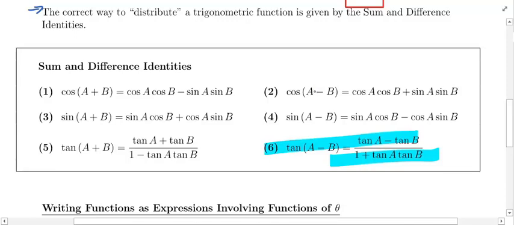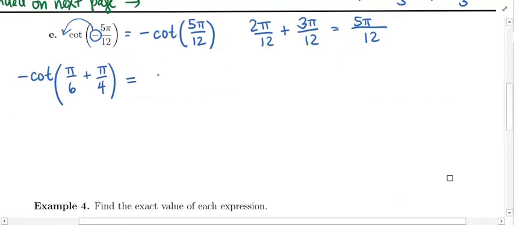There's nothing for cotangent. So we're going to have to pull another trick. We're going to use the fact that cotangent is 1 over tangent. So this is going to become 1 over the negative tangent of pi over 6 plus pi over 4.